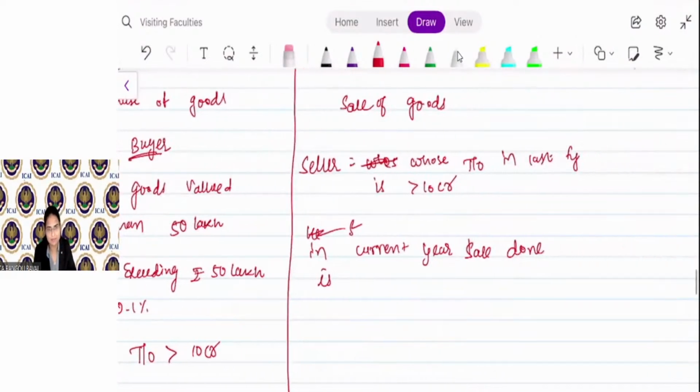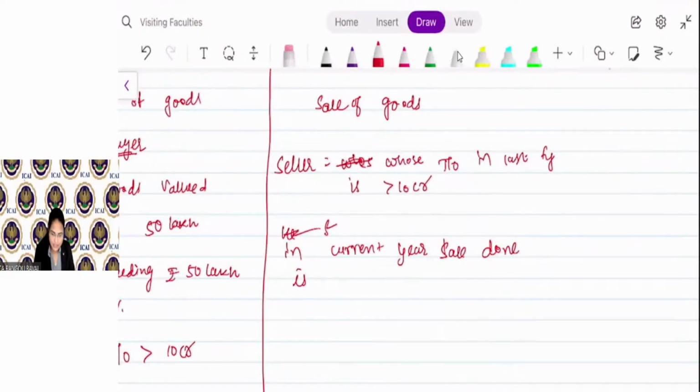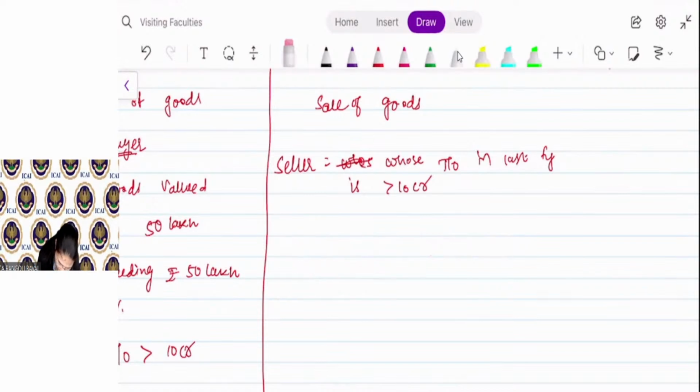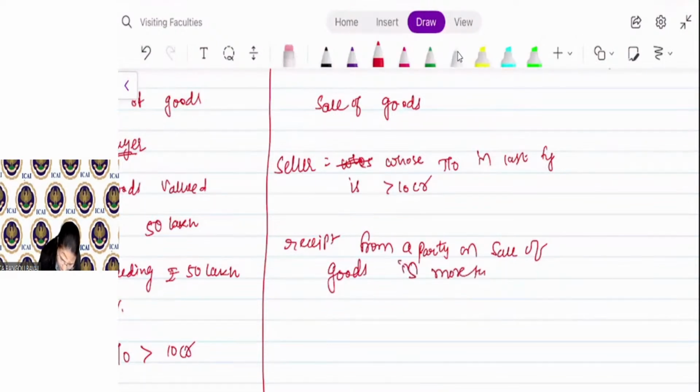Everyone clear with this? Now in current year, receipt from a party on sale of goods is more than 50 lakh. Here the word they have used is receipt.